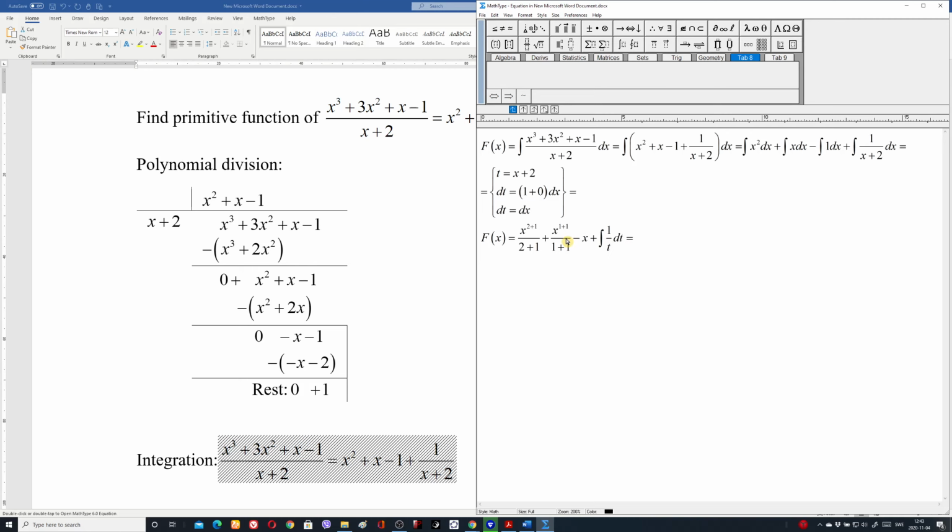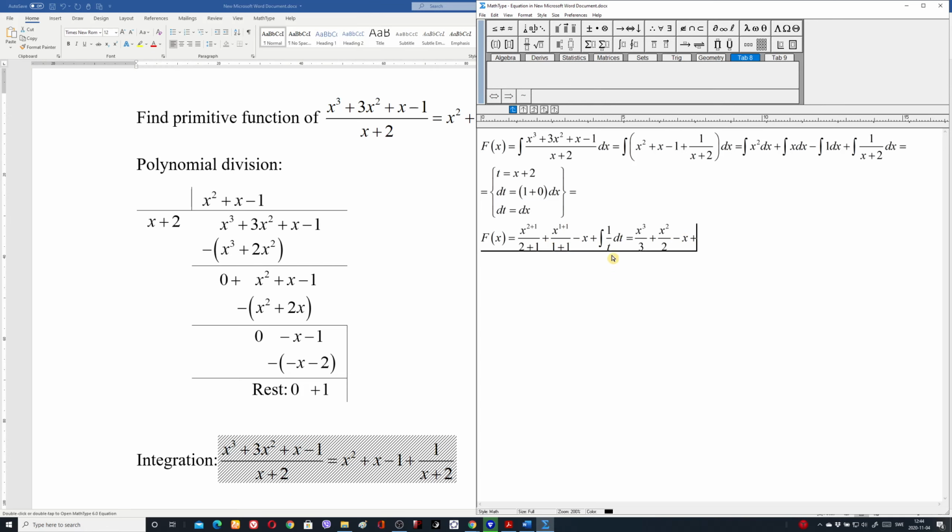Okay, so now I will take everything here is the same, but here I have 2 plus 1 is 3, and 2 plus 1 is 3 here down, and here it is 1 plus 1 is 2. So when you learn, you don't need to write every step I'm doing here. And the minus x is the same.